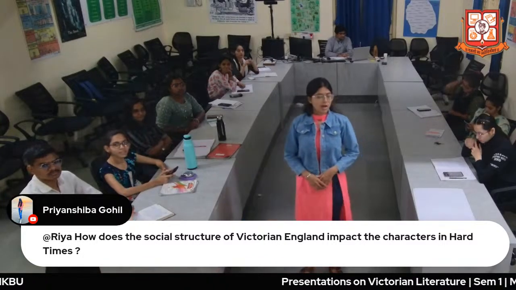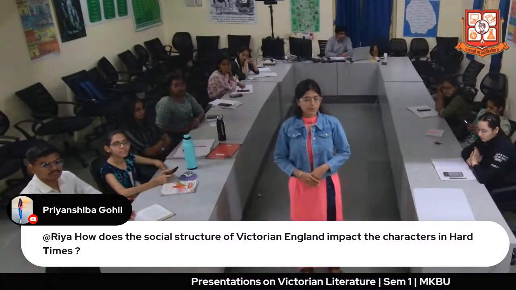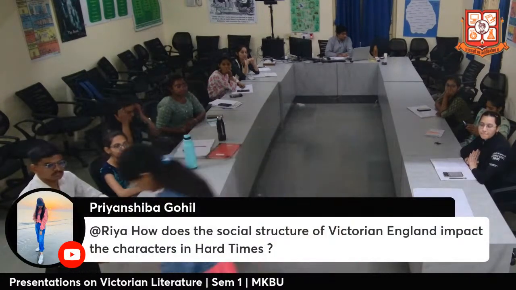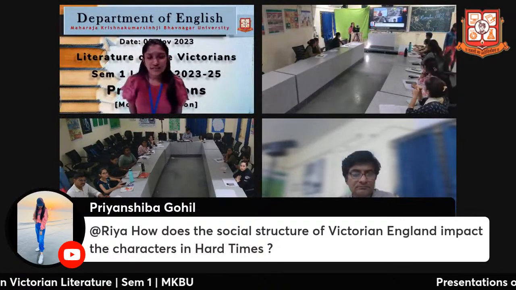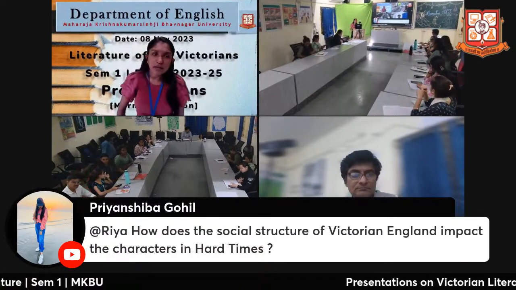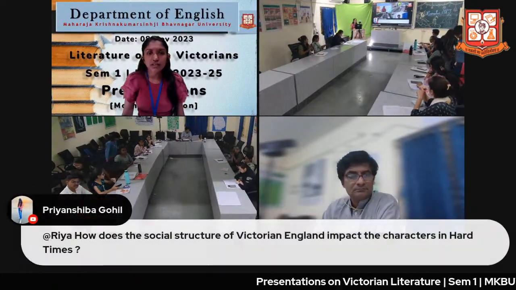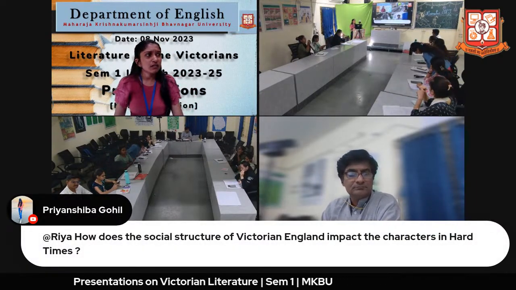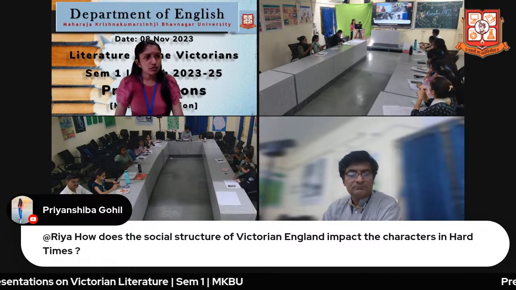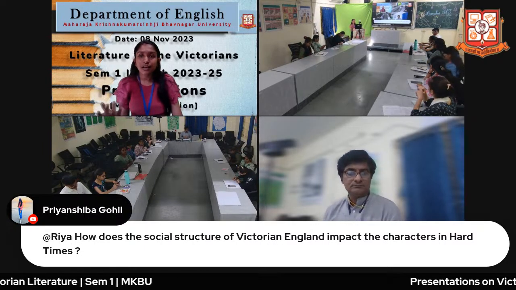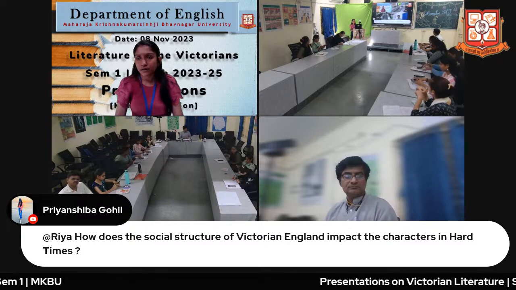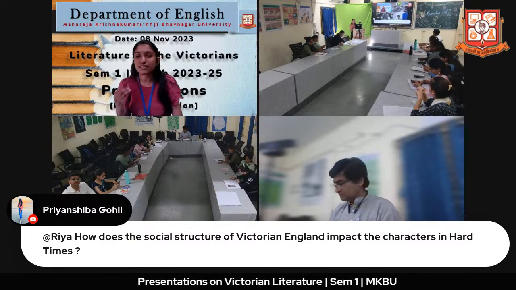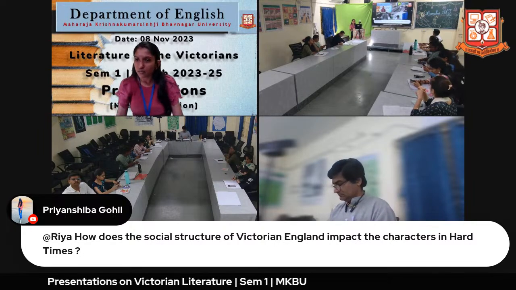My question is, how does the social structure of Victorian England impact the characters in Hard Times? Okay, so regarding Victorian England's effect on characters, we find in Mr. Bounderby that he is wealthy and has enough power to keep the secret that she is his mother.